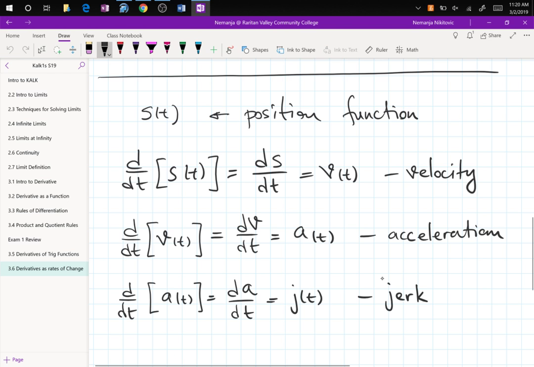Now the jerk over here is what you experience every time you press either the gas pedal or the brake too quickly. You see that? Remember, the rate of change is how fast you change something. If your gas pedal is acceleration, you can press it slowly, meaning changing it slowly.